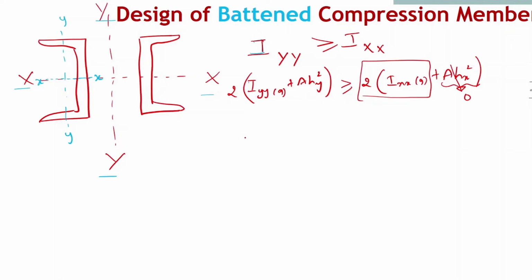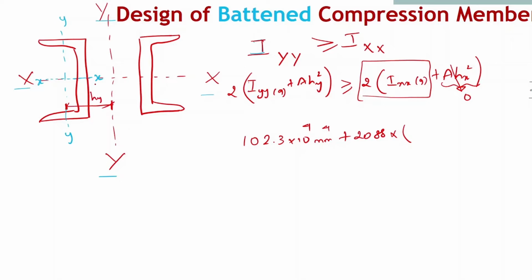So Iyy is 102.3 into 10 to the power 4, because I have converted it into mm to the power 4, plus area of single channel, 2088 mm square, times Hy, where Hy is the distance between the local axis and the global axis. So this is the Hy.